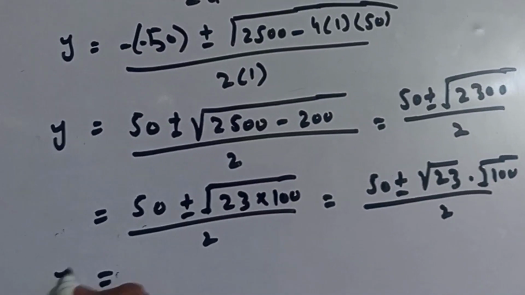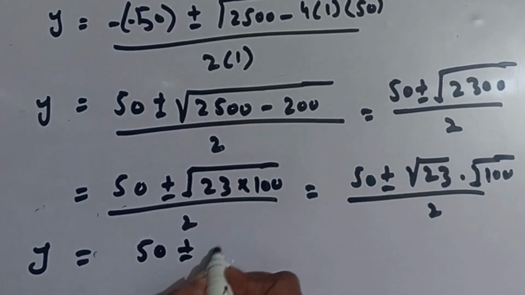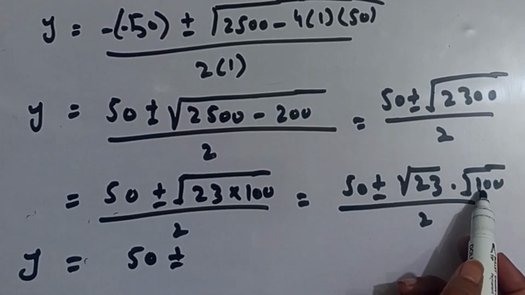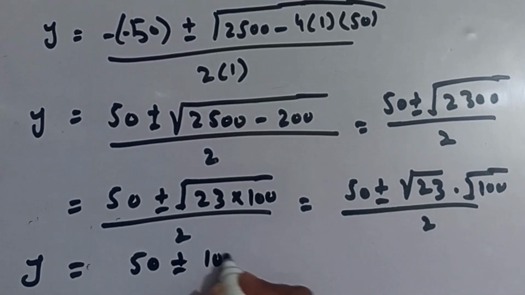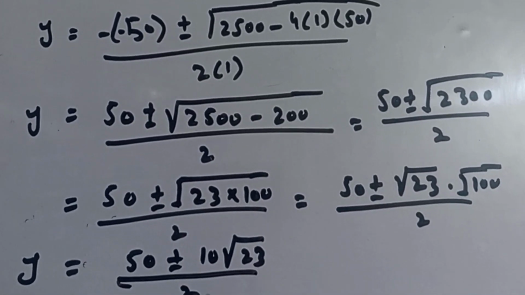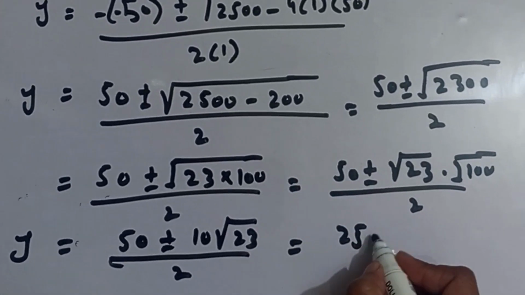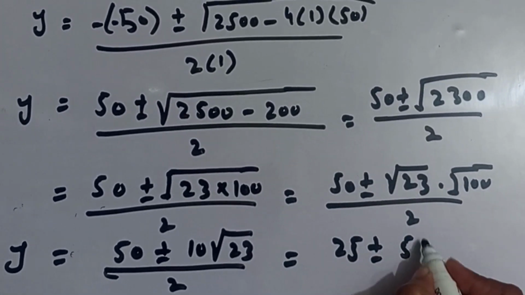And this is equal to 50 plus minus, square root of 100 is 10, so we write 10 times square root 23 over 2. We write this value as 25 plus minus 5 times square root 23.